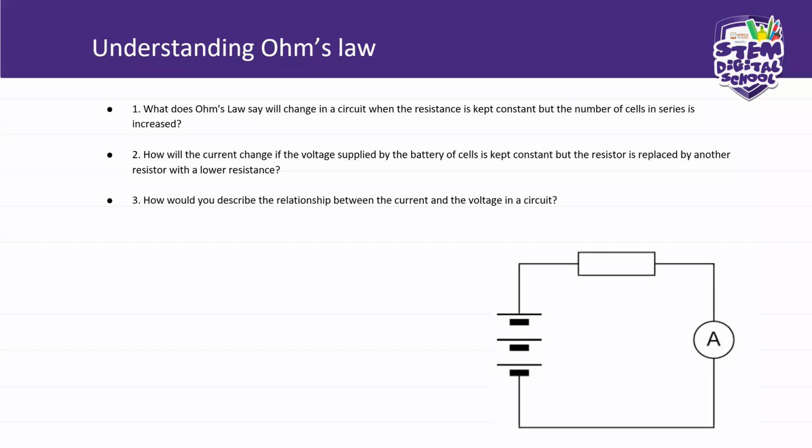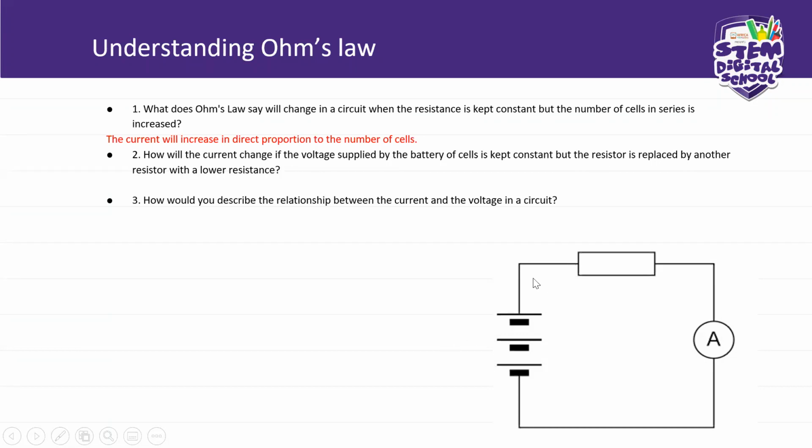How will the current change if the voltage supplied by the battery of cells is kept constant, but the resistor is replaced by another resistor of a lower resistance? How will the current change if the voltage supplied by the battery of cells is kept constant, but the resistor is replaced by another resistor with a lower resistance?